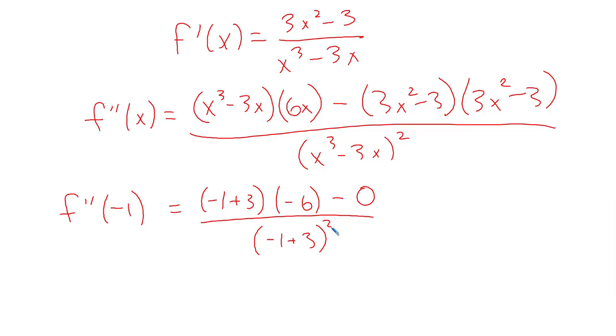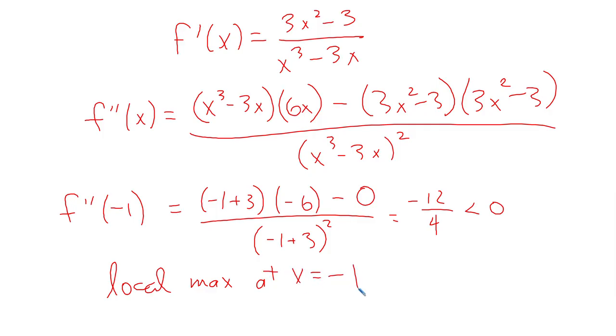It ends up again being -1 plus 3 squared. Right? But we can see that what we end up with here is 2 times -6, right? -12 over -1 plus 3 is 2. 2 squared is 4. It's clearly less than 0, which tells us that the function is concave down, which tells us we have a local max at x equals -1.